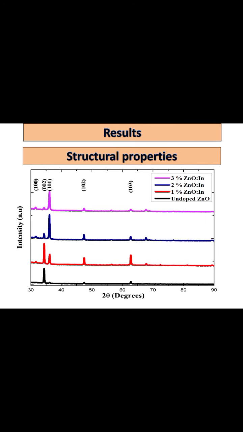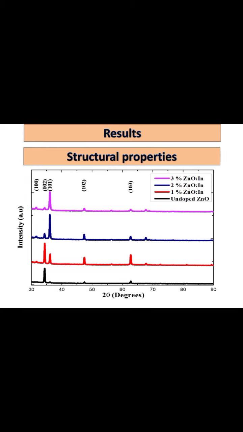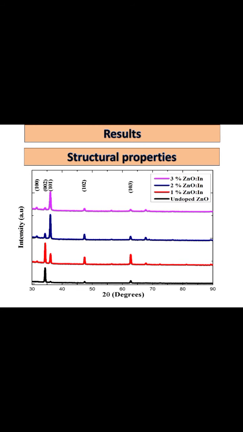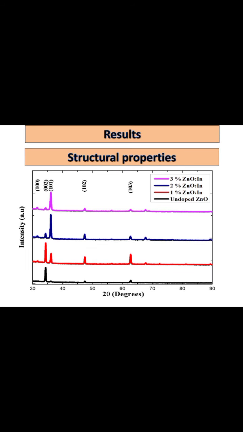The result is that all the diffraction peaks match very well to the wurtzite zinc oxide structure. The strong diffraction peaks indicate that the product exhibits good crystallinity. However, changes in the intensity of the peaks were observed according to the deposition conditions.